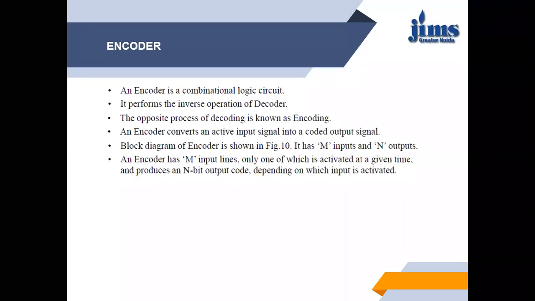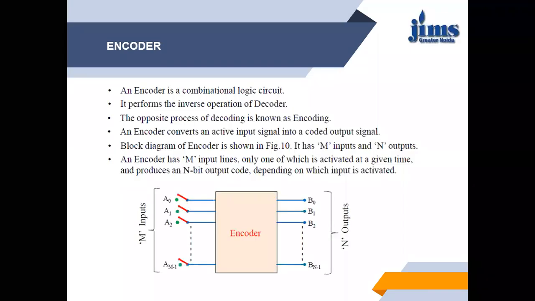We can see in the block diagram, here it is. We have m number of inputs and n number of outputs, and the relation is again m equals 2 raised to the power n. In the case of the decoder, the output was m. In the case of the encoder, the input is m and the output is n.